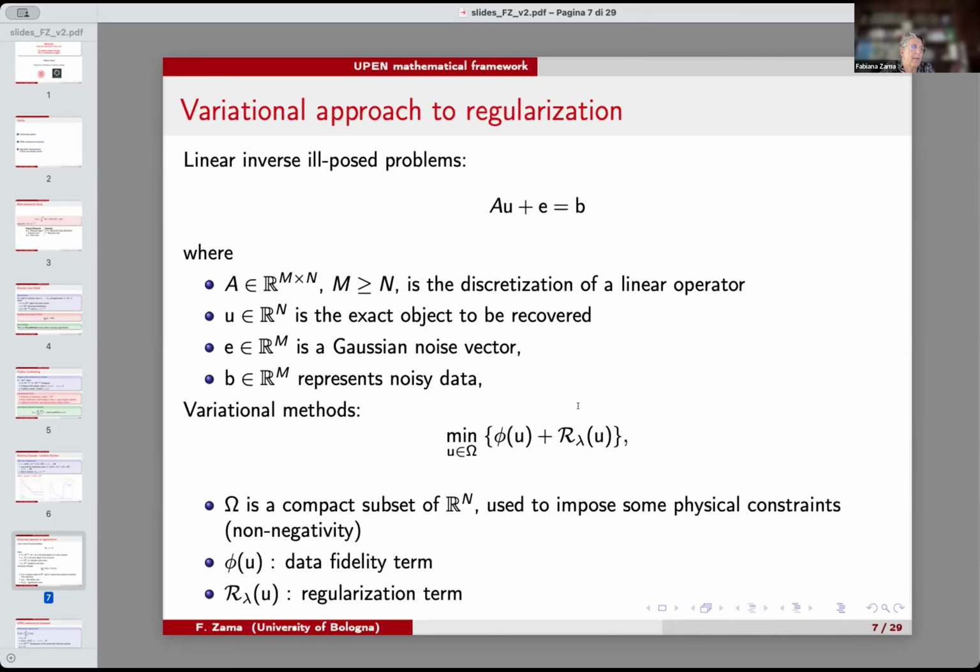These functions depend of course on u, and on a regularization parameter, or a possible vector of regularization parameters, that is used to impose, to represent some priors, some properties that we want to see reproduced in our solution. And we consider the possible constraint. It can be a positivity constraint, but it can also be bound constraints.